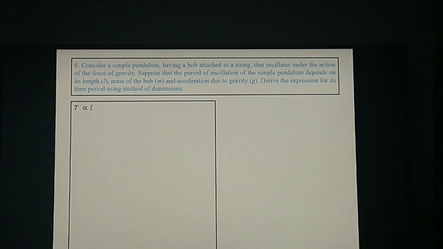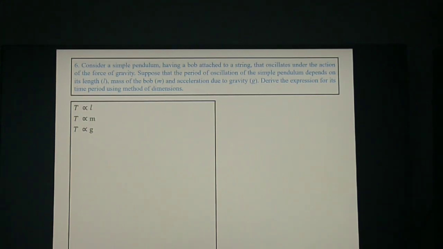So in the sixth problem, what do we see? We are supposed to derive the expression for the time period, and it is told that the time period is proportional to the length of the pendulum, it is proportional to the mass of the pendulum bob, and it is also proportional to the gravitational acceleration.